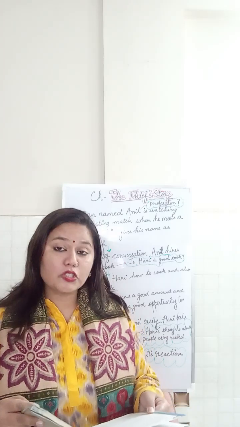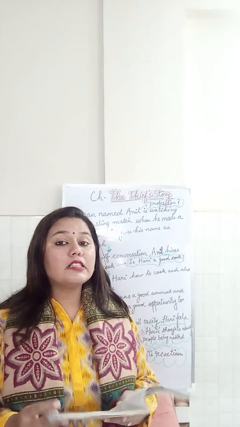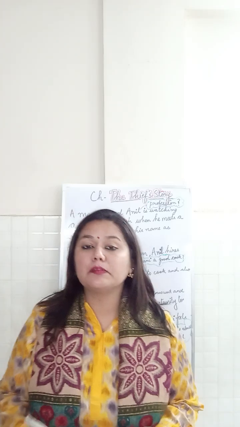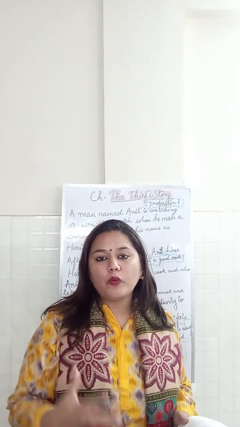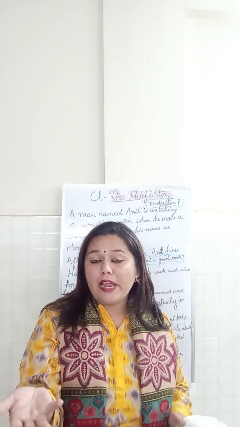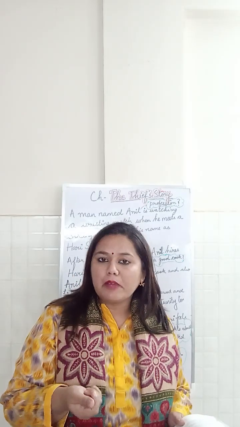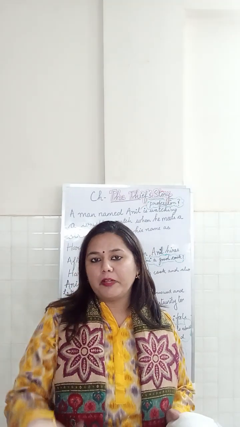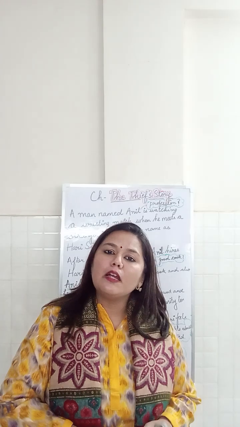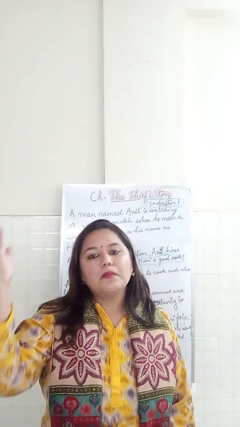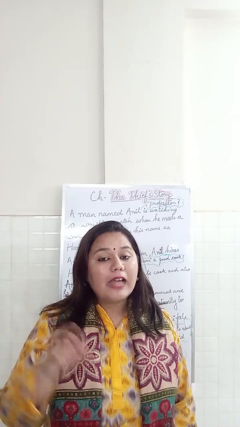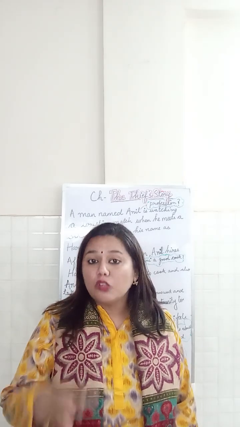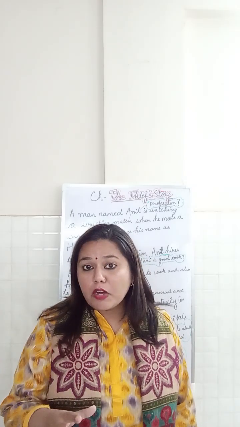So if you come to page number 10, the first line says Anil made his money by fits and starts. So what would he do? He would borrow one week, the next week he would lend, and whenever Anil got his paycheck, no matter what the amount was, Anil would simply go out and celebrate. But at the same time, Anil was not making a very good amount of money.